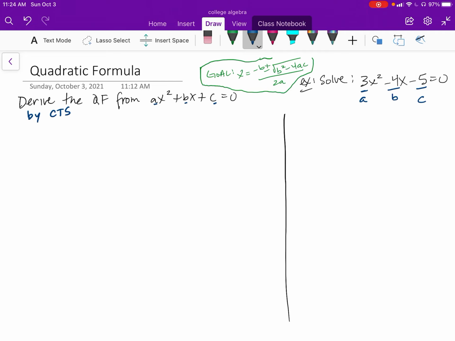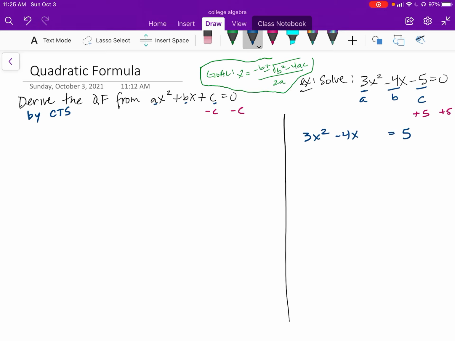What we do first is we get rid of this C term. So I need to add the 5 on both sides, right? That way we have 3x squared minus 4x equals 5, and you'll see why in a minute. So on the left side, using that same technique, I have a plus c, so I would do the opposite, right?